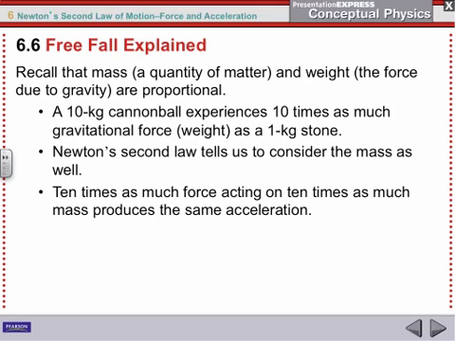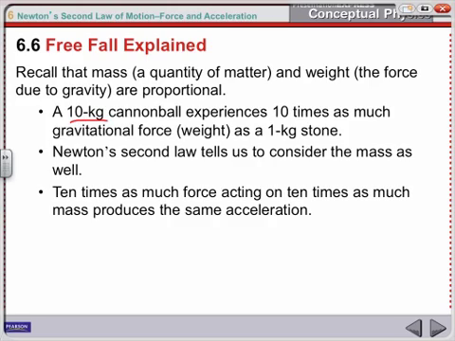Well, if we're talking about mass and weight, remember we're talking about on the Earth, they're proportional. So if we've got a 10 kilogram cannonball, it's going to experience 10 times as much force. So you would think, oh man, that's going to accelerate that object 10 times as much as a 1 kilogram object, because that's what Newton's law says, F equals ma.